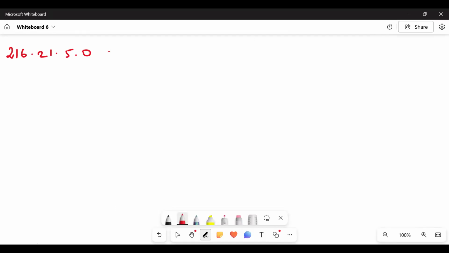This is the given IP address. We need to subnet this IP address into 30 hosts in each subnet. We have to subnet the given IP address. So this is a question. How do we solve it? What is the first step?